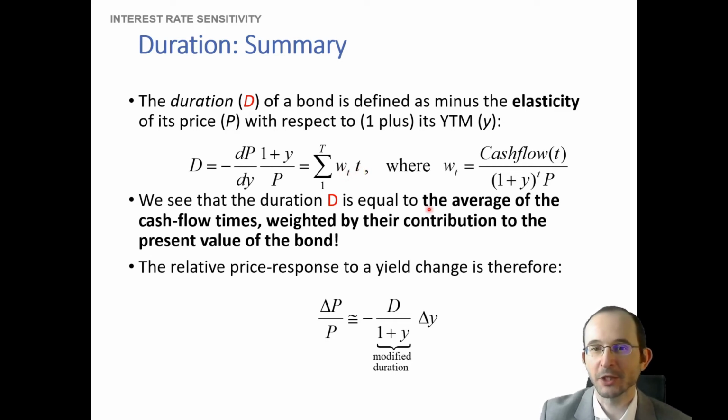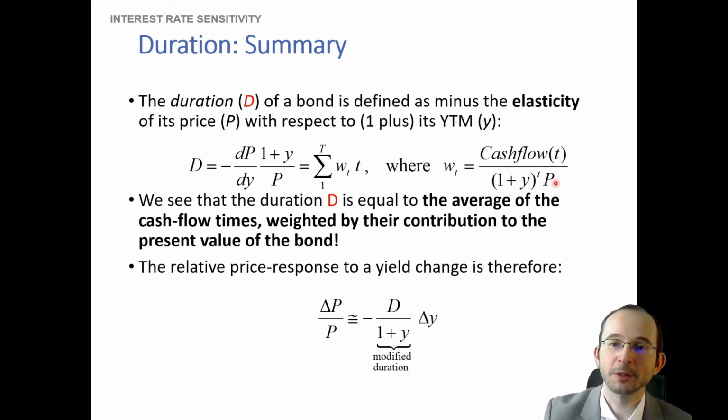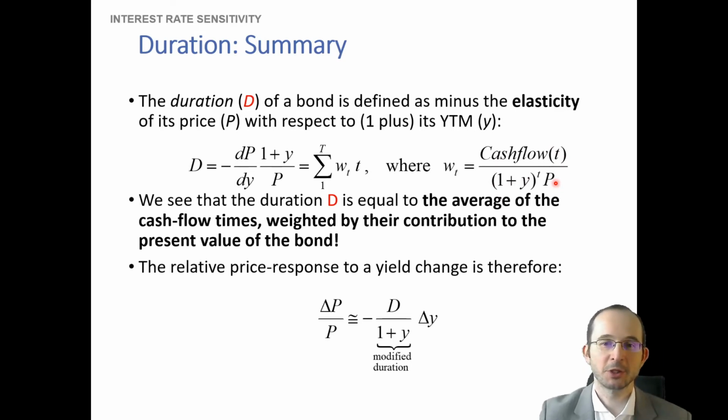Remember, the weight for each cash flow is essentially the proportion that that cash flow in present value terms represents relative to the total price of the bond. In other words, the duration is the average of cash flow times weighted by the contribution to the present value of the bond of those cash flows.